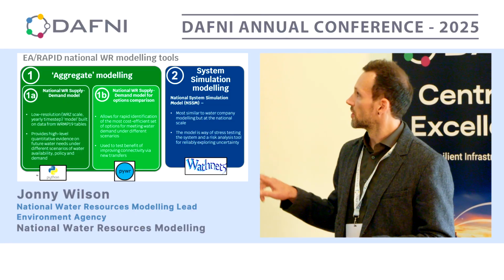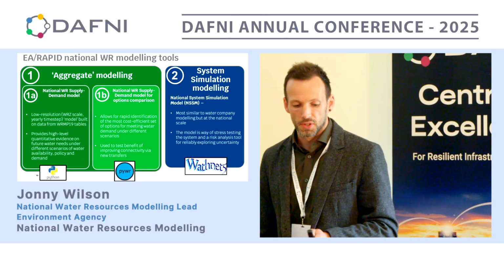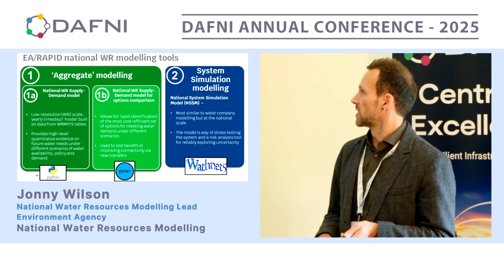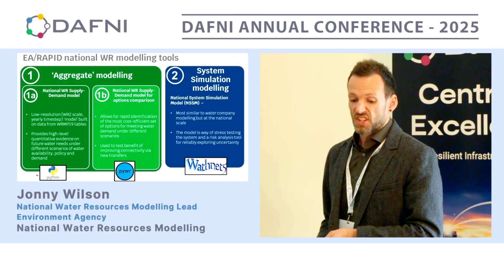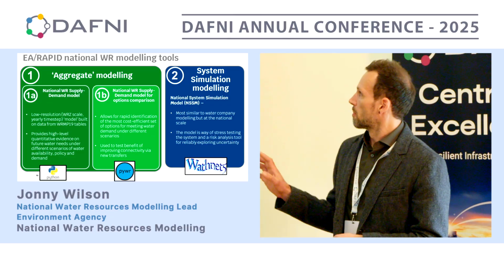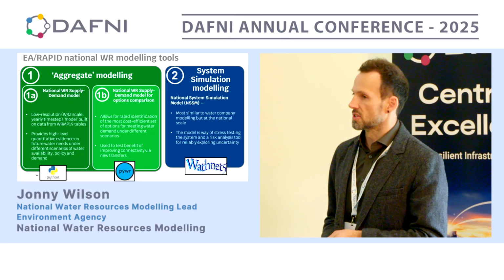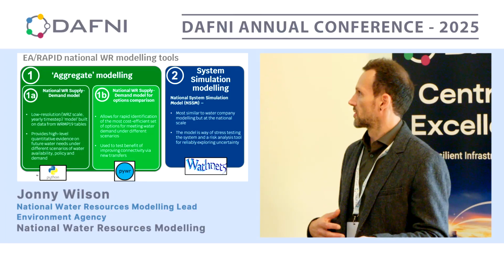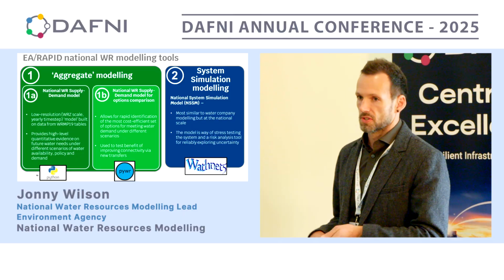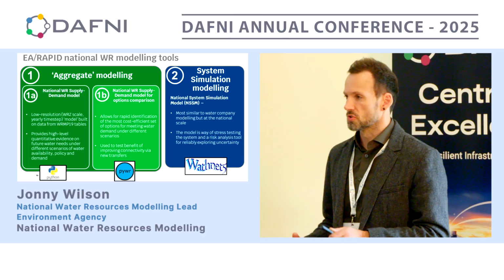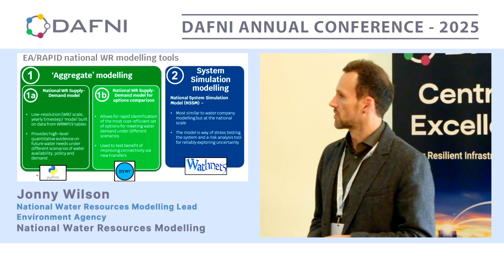So we've got two components to this. We've got the one on the left, 1A, which is the supply-demand balance model that effectively figures out surplus and deficit in the future. So the size of the problem, if you like. And then we've got 1B, which effectively tries to solve that problem. So it's a supply system optimizer. It has access to the full range of supply interventions that WMPs have access to, and a range of hypothetical new transfers that connect up different parts of the country.